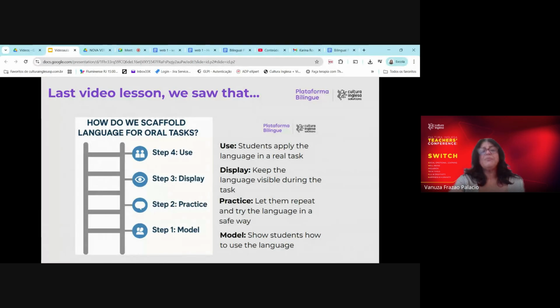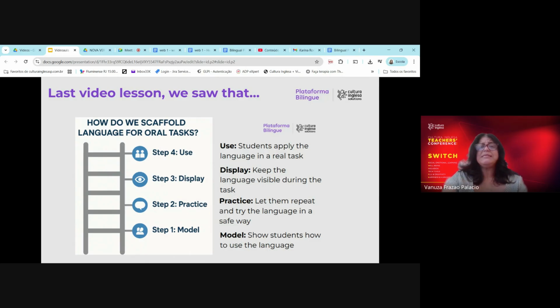Then we have the third step, which is display, where I help students have a visible understanding of the language. So I put the language on the board. I have students take notes of the language in their notebooks. So whenever students need to refer to it, they just go back to either the board or their notes. And last but not least, we have step 4, which is use, where I have students apply this in real task moments, right?